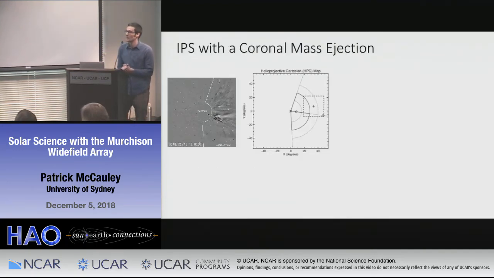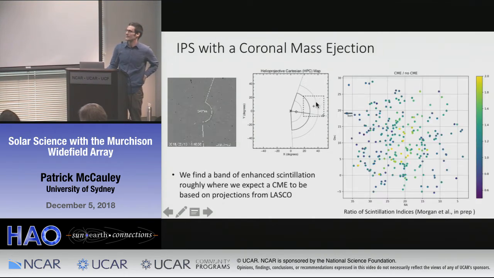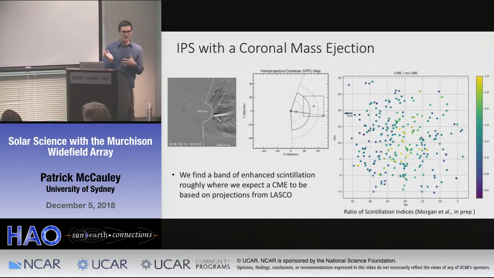Here's an example of a coronal mass ejection observed by the LASCO coronagraph on SOHO, and then projected into one of the IPS fields of view. So this dotted box is where the MWA was looking, so it's around 30 degrees away from the sun, and the black arc is where you expect the front of the CME to be given the speed that it was observed with in the LASCO observations.